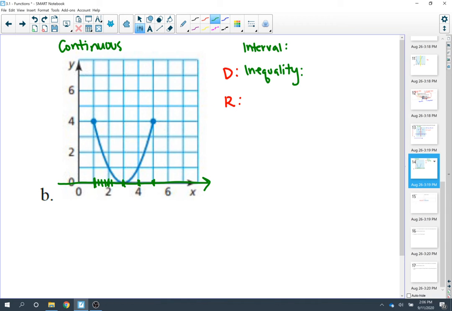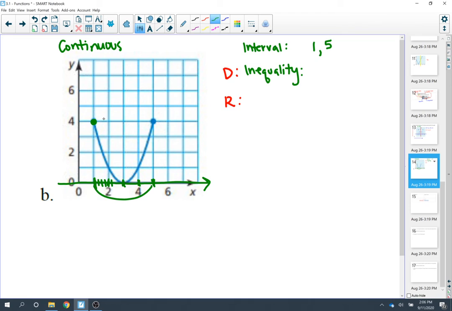Now, when you're dealing with interval notation, I'm going to say that my domain is between 1 and 5. So that's a range of values from 1 to 5. Now, in order to report that, I can either put a bracket or I could put a parenthesis. So the question becomes, well, when I'm over here at 1, is this a closed dot or is this an open dot?